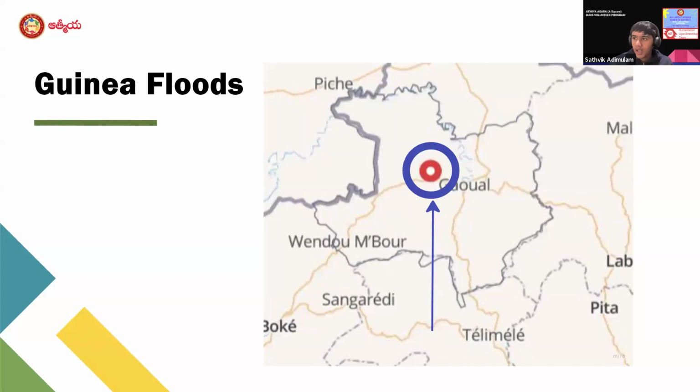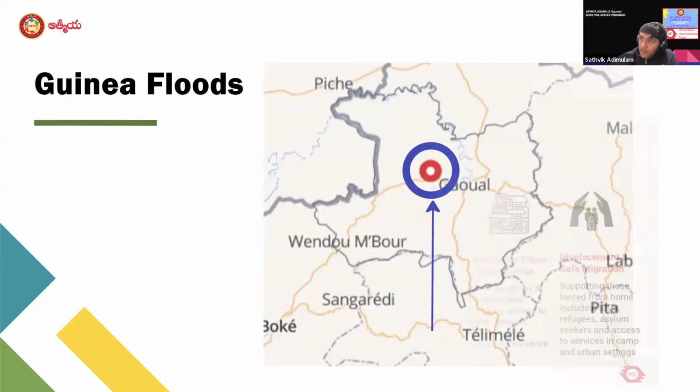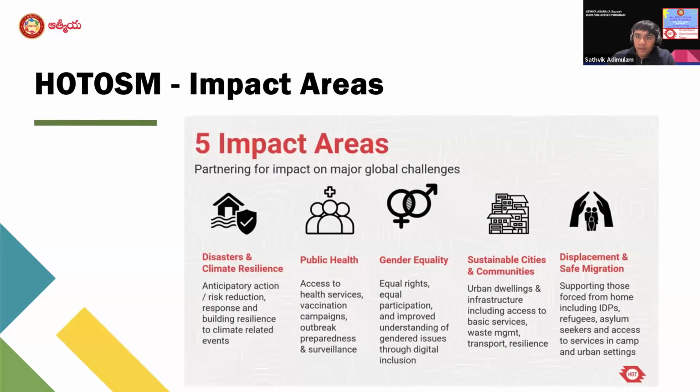So they know exactly where the safe roads are, which houses are not broken. So they also know where it's unsafe and where it's safe to go. And so they could rescue people from dangerous places and also administer treatment. For example, like vaccinations for cholera that came from the flooding. Does everyone understand what happened there?